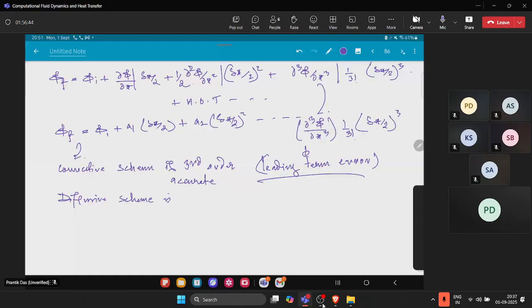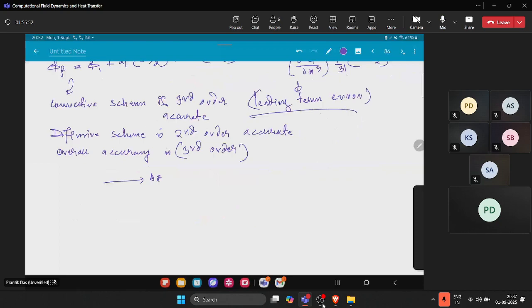And you will see that if I increase the grid points, if delta x decreases and the number of cells increases, it will go towards third order accuracy. Okay. And on the other hand, if delta x increases and the number of cells in the domain decreases, then this one is going to become second order accurate.